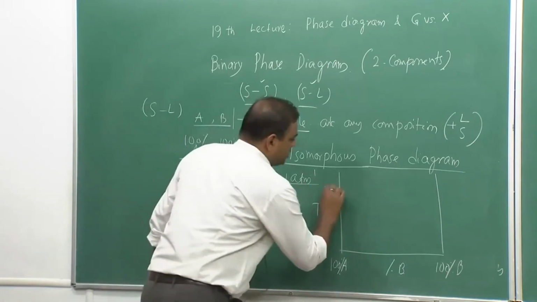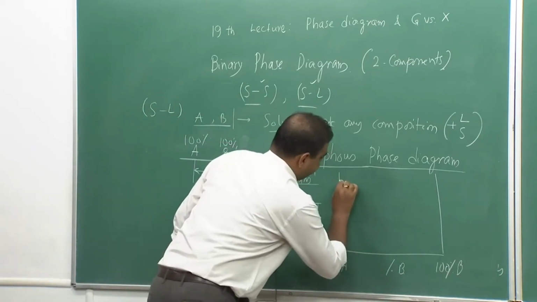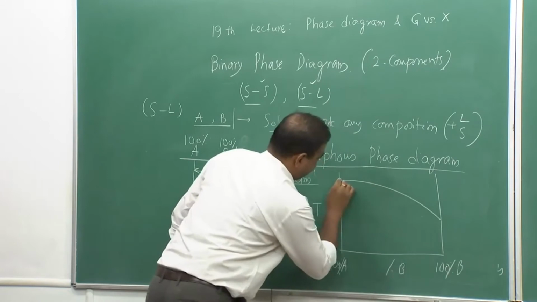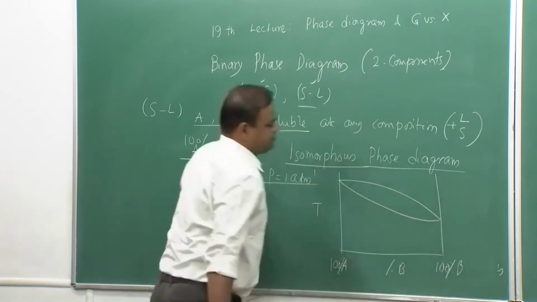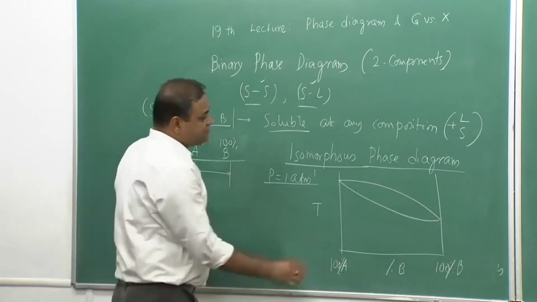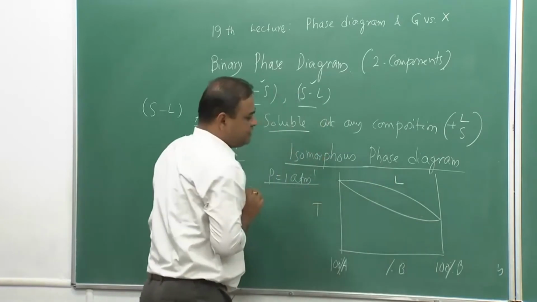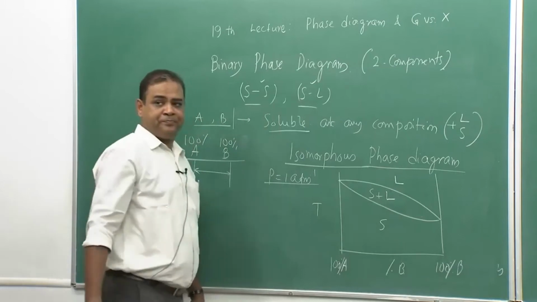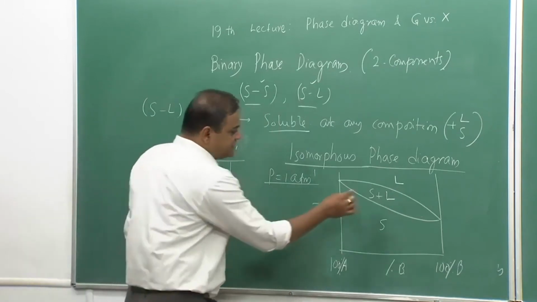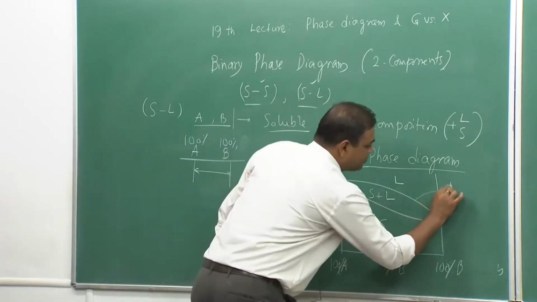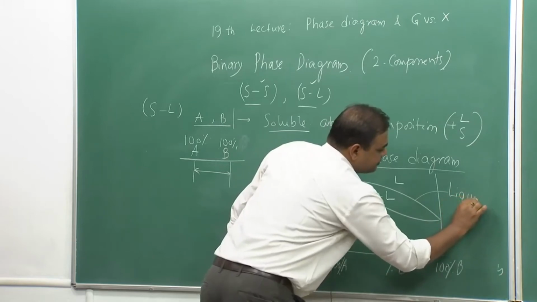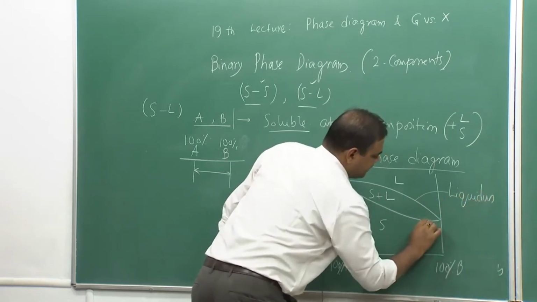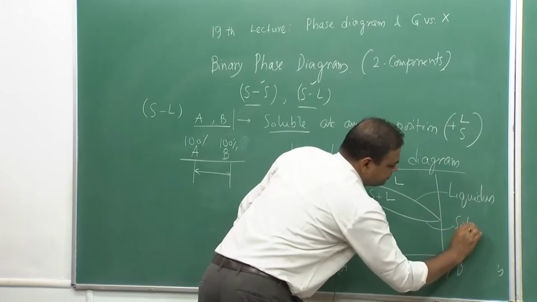The diagram looks like this. In this case, this is my liquid, this is solid plus liquid, and this is solid. This particular line we call liquidus, and this line we call solidus.